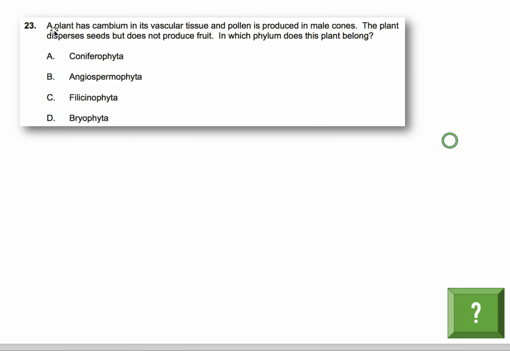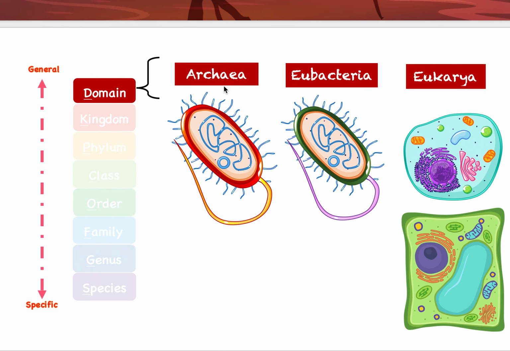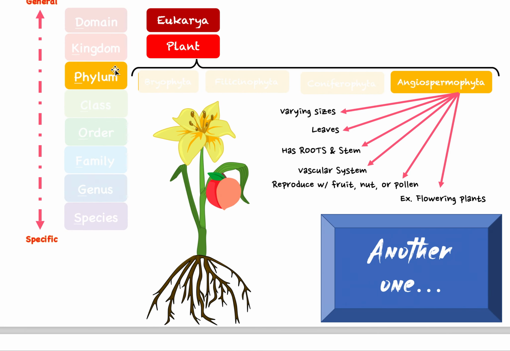So as we read it, we know a plant has a cambium, which doesn't matter, in its vascular tissue. Okay, vascular tissue. We know that the plants phylum can be classified as either Bryophyta, Filicinophyta, Coniferophyta, and Angiospermophyta. And these all have some vague differences, which is why they are considered different classifications.